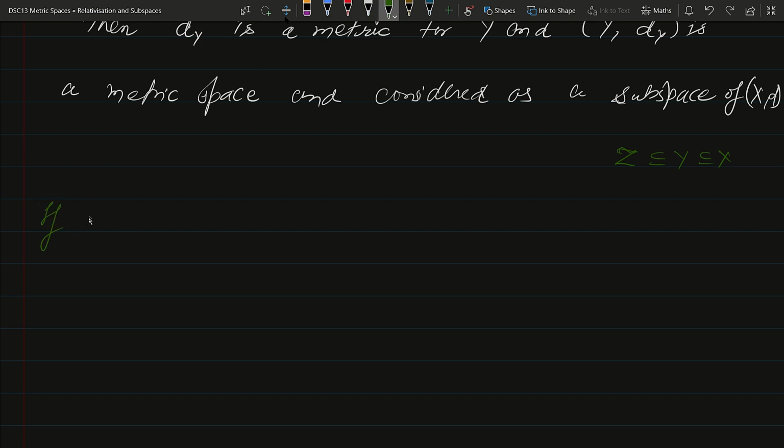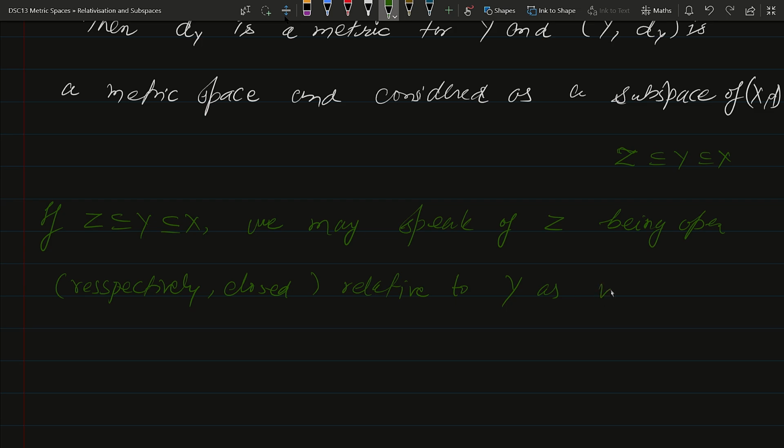Okay, so if Z is subset of Y is subset of X, then we may speak Z being open and of course respectively closed relative to Y as well as open relative to X. ठीक है, we are going to identify this fact only.